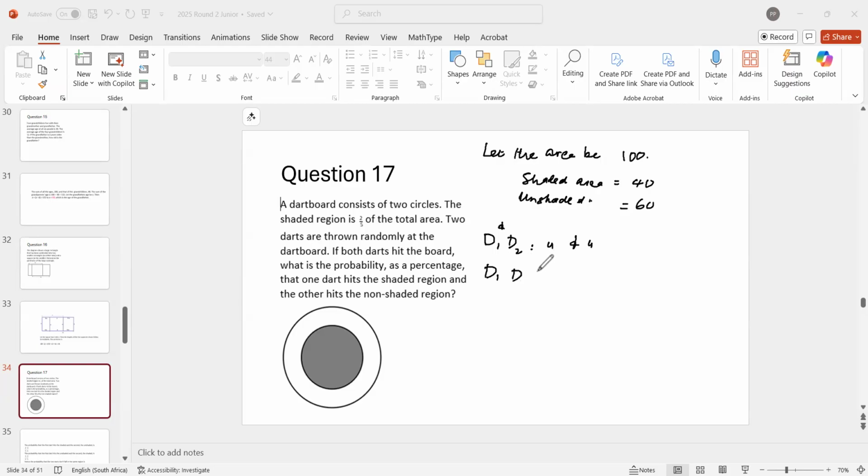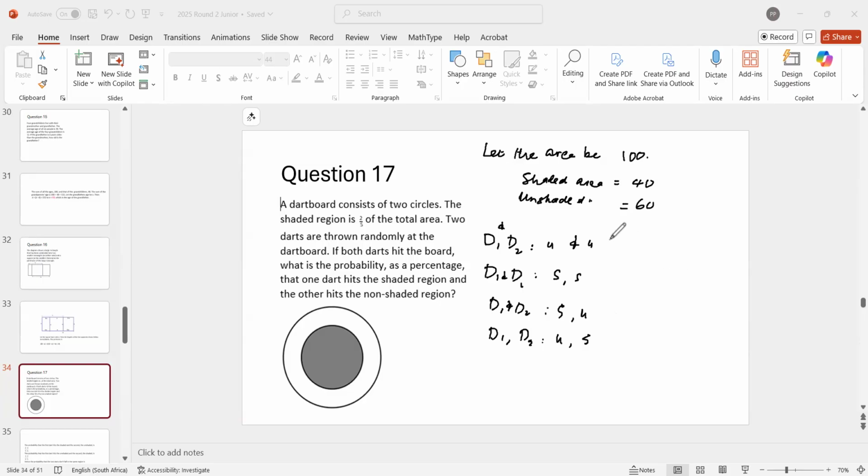First one is the unshaded, the second one is the shaded. Or the first one could have landed in the shaded and the second one in the unshaded.